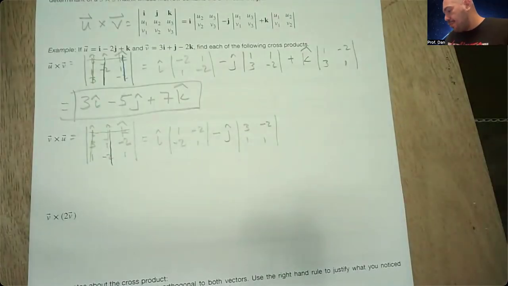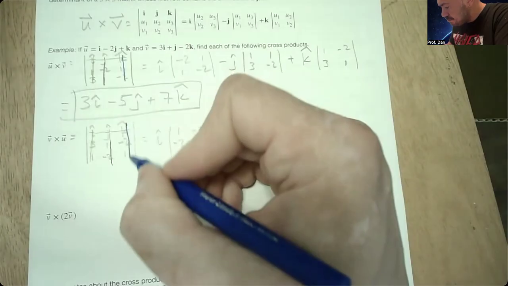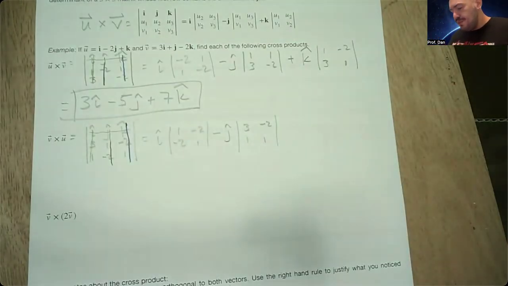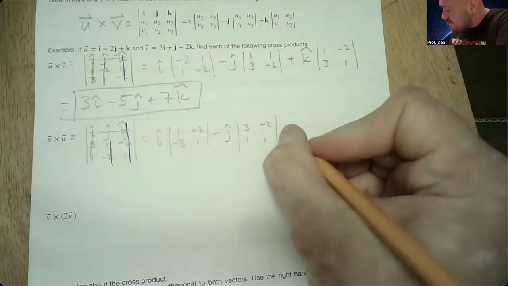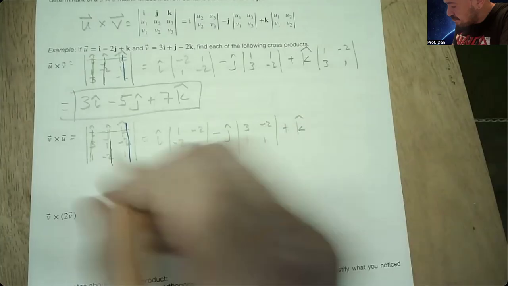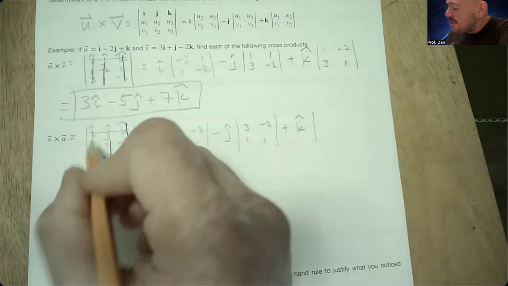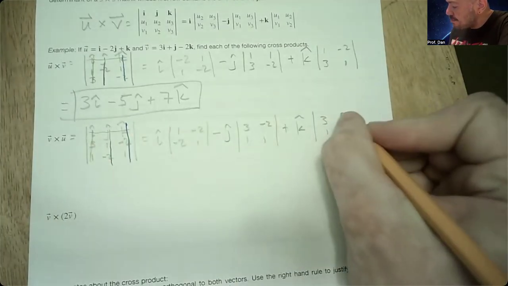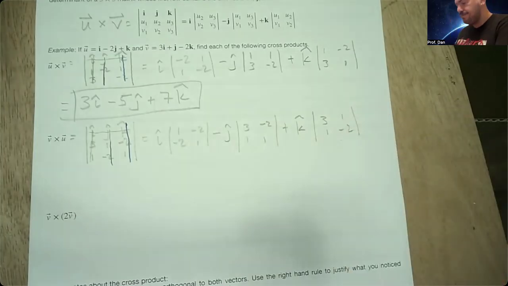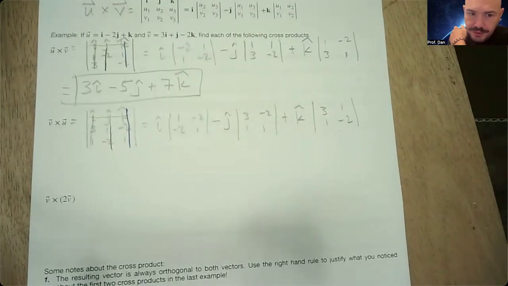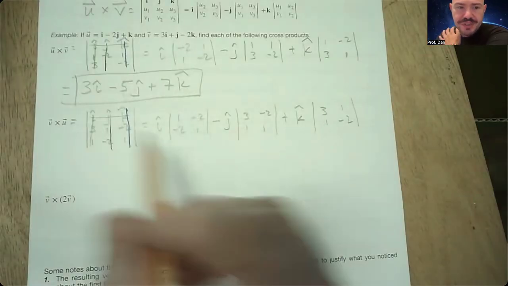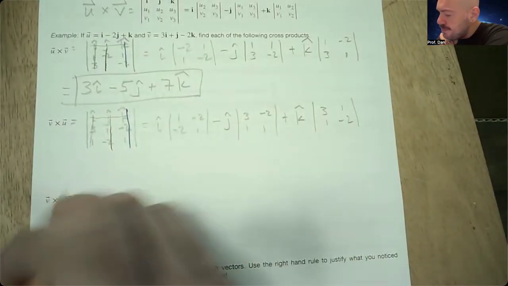And then if you cover up the third column, we end up getting k multiplied by the determinant of this matrix. And just like before, we just need to do the arithmetic to figure out these coefficients.